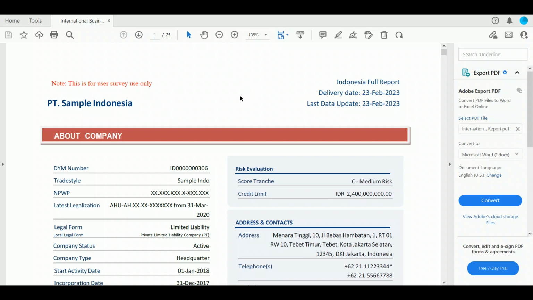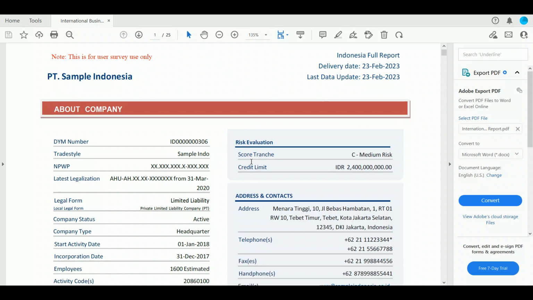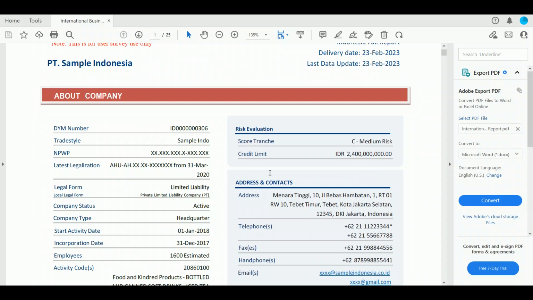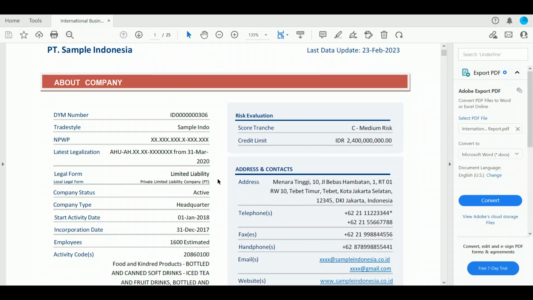jobs done. So first, we have the company information section, which provides an overview of the company history, the company registrations information that can be found from the registry.